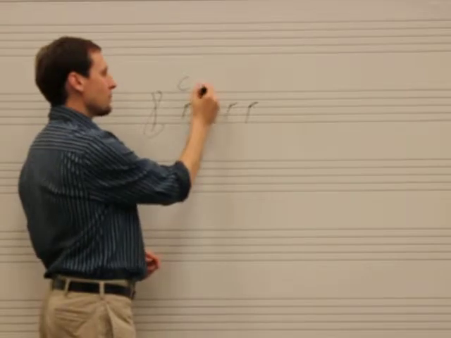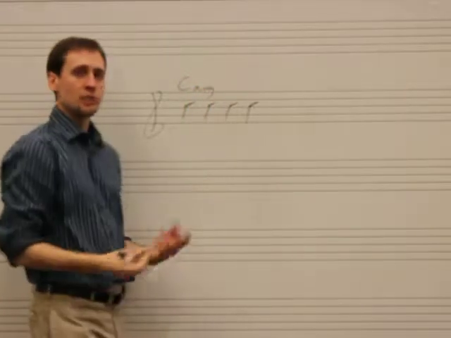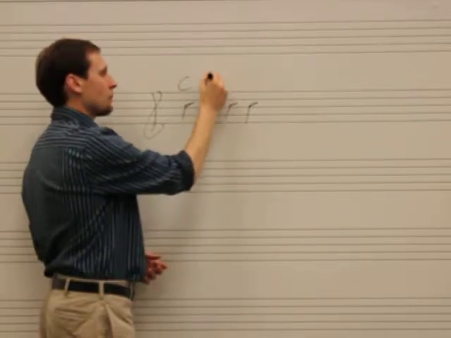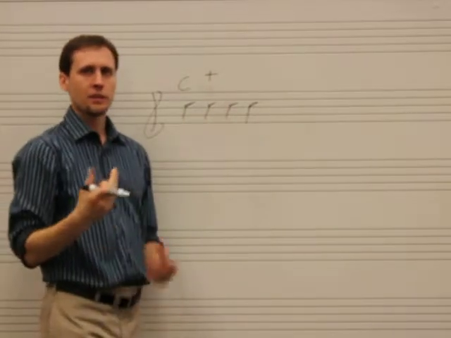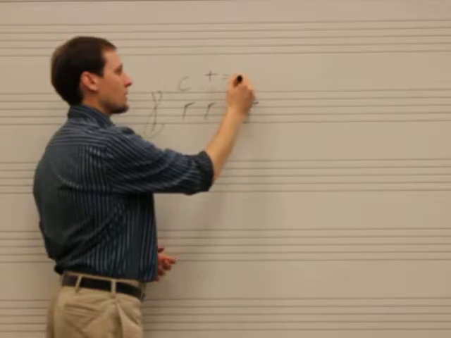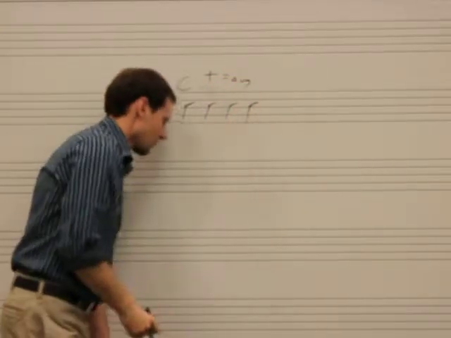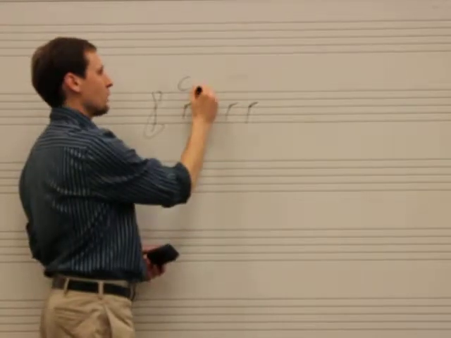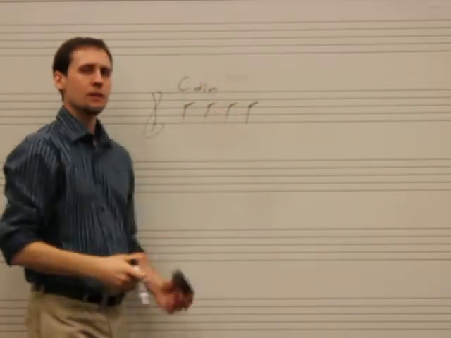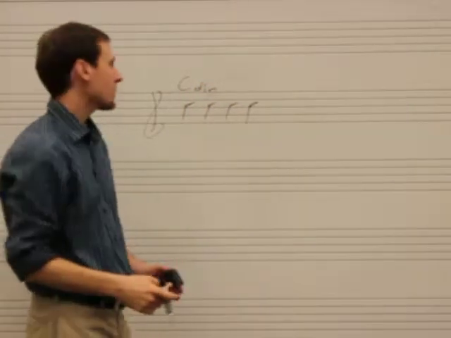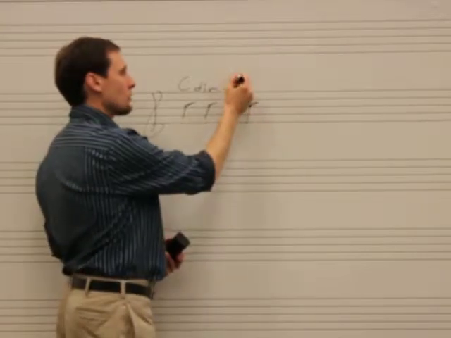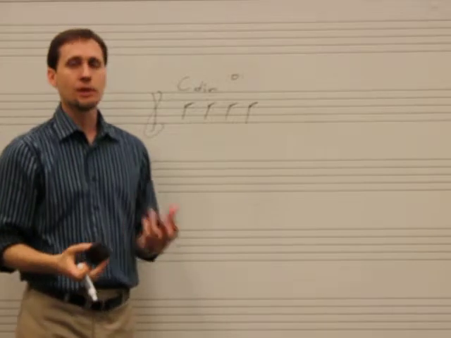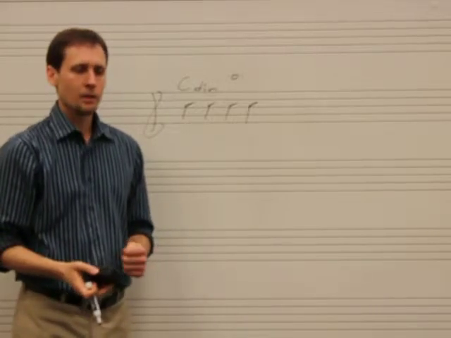C augmented might be C, A, U, G, like that. A lot of times also you will see a plus sign, and a plus sign equals augmented chord. And then with a diminished, you might see D-I-M, indicating a C diminished triad. And you also might see a circle that indicates a diminished sign as well.